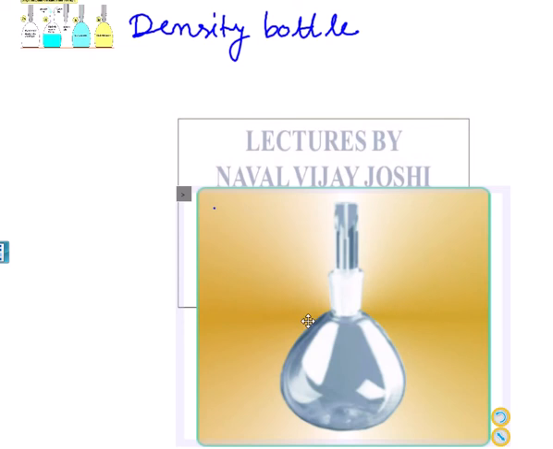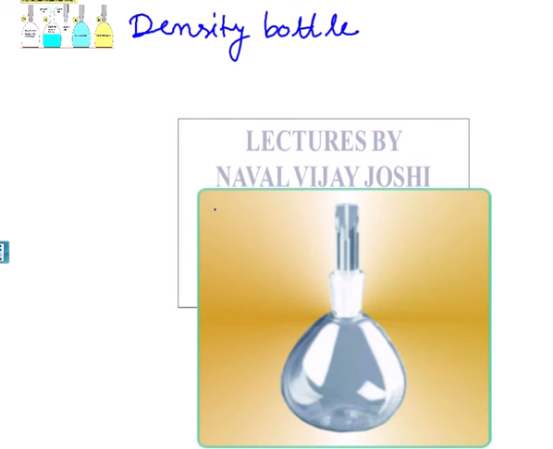This is the capillary. I would draw a marked line to indicate you the capillary clearly. So this is the capillary in the lid of this density bottle. This lid could be fitted tightly.